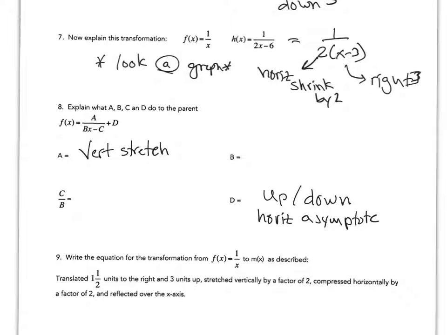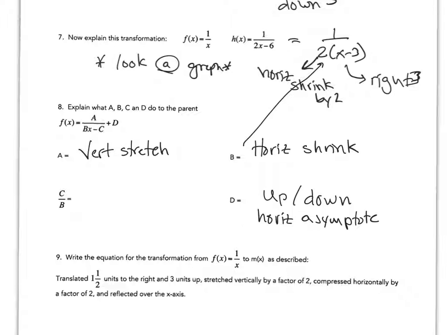Now, B. If you go back up and you look at number 7, I'm talking about this 2. B goes like this. So this is going to be a horizontal shrink. Now, C over B. This is basically what we did with the 2 and the 3. We sort of factored it out.